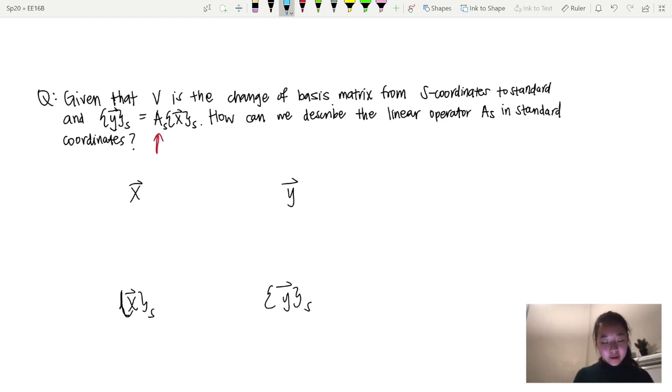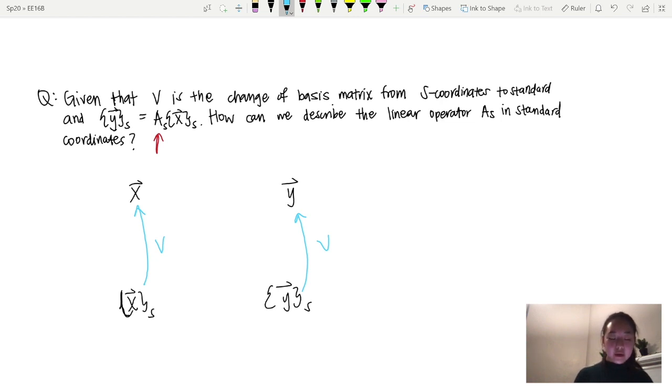So now we know that V is a change of basis matrix from the s coordinates to standard. So that means that when you multiply the x coordinate value by V, you will get back to the standard. And this happens no matter what vector you multiply in those appropriate bases. So it also happens for the corresponding y's.